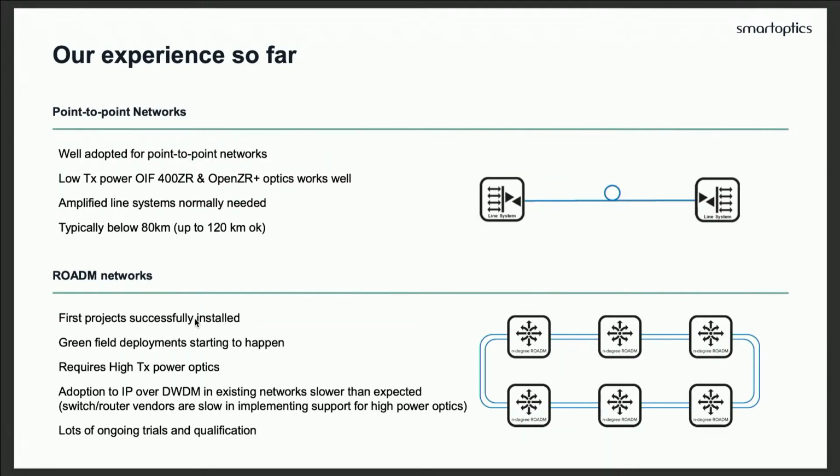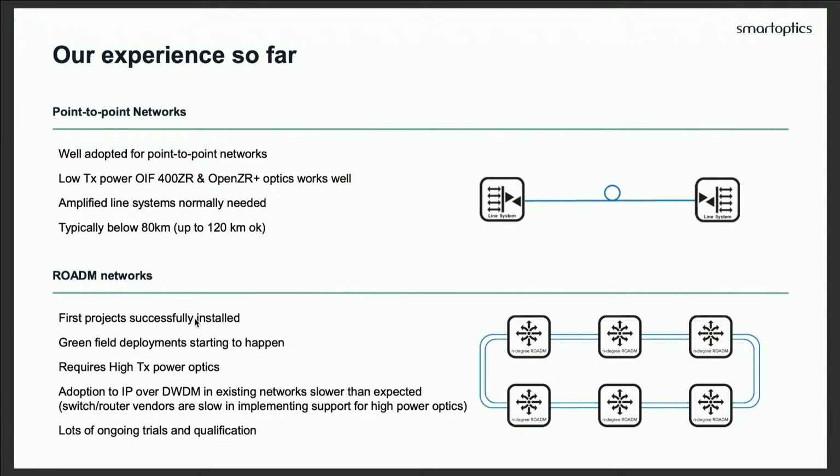Our experience so far is in point-to-point networks, where 400 gig ZR and ZR Plus is already there. We are deploying point-to-point networks day by day, more or less. Internet exchanges, data center interconnect, and all these applications are working very well.